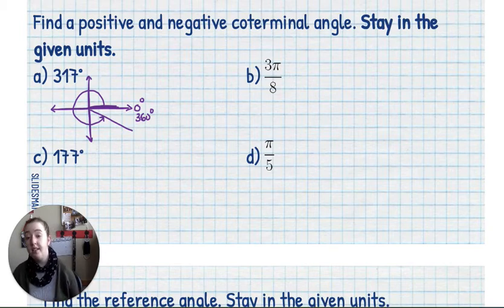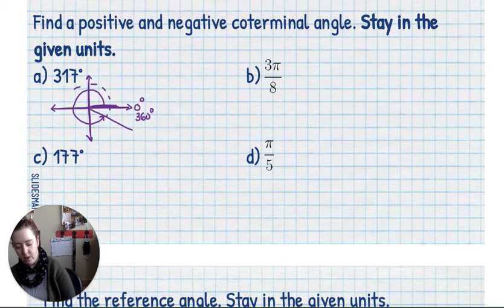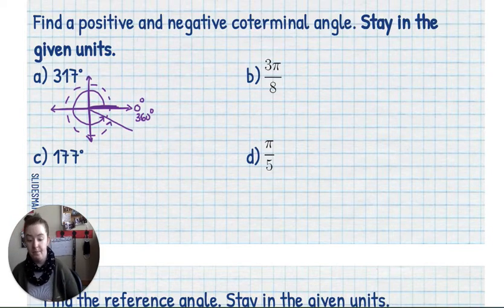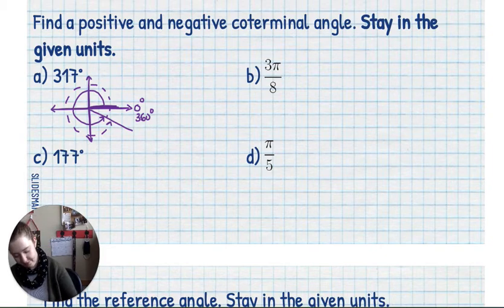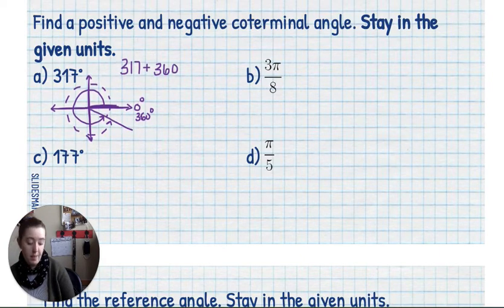So to get a positive coterminal angle, I could go around this circle one more time and end up at the same spot. So I can take 317 plus 360 for my positive coterminal angle. That'll be 677 degrees.